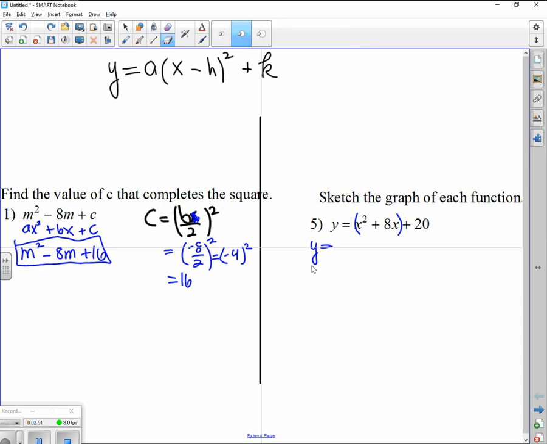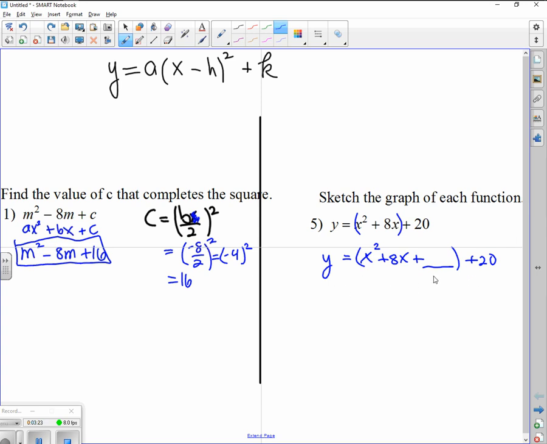So when you do that, you're going to have x squared plus 8x, and leave some blank right here, plus 20, equal y.